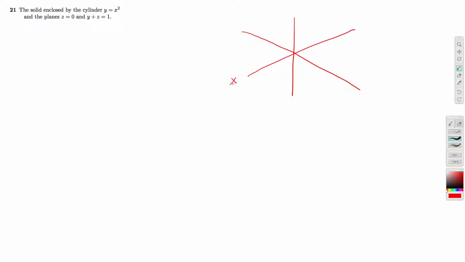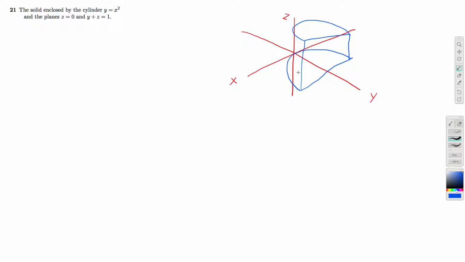So this is x, y, z, and y equals x squared. And they're telling you that this is a cylinder. So this kind of goes up, just like that. That's a wonky cylinder. But it looks like that.